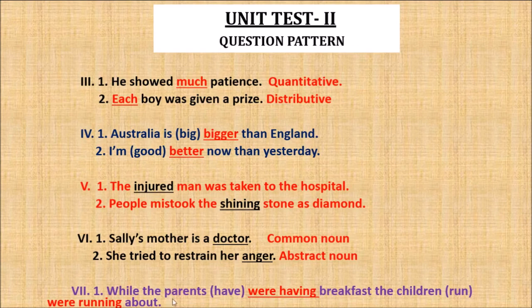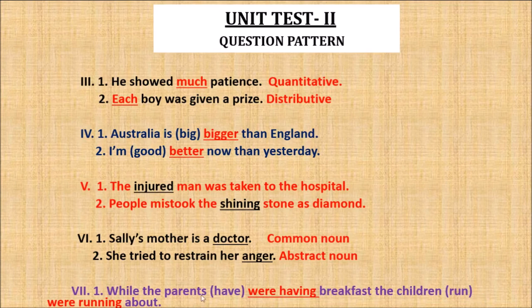But when we are talking about the past and also the continuous tense, past continuous tense can be used here. While the parents were having breakfast, it means that at that moment, what was happening? The children. When the first part is in past continuous tense, the second part also comes as past continuous tense only.